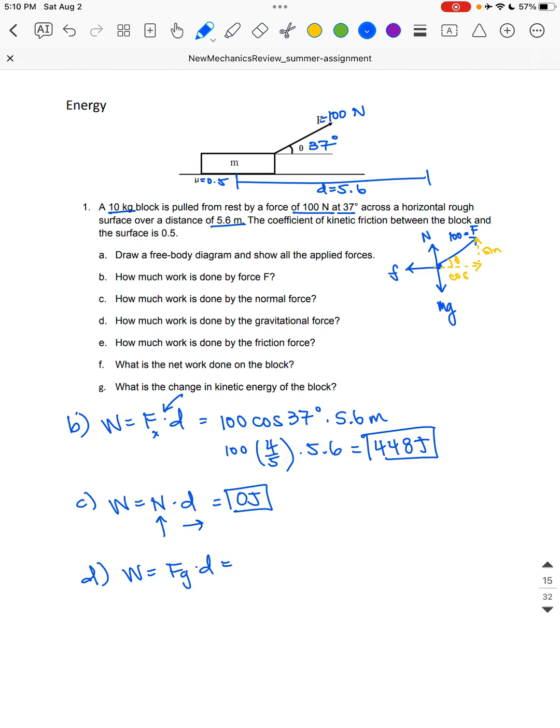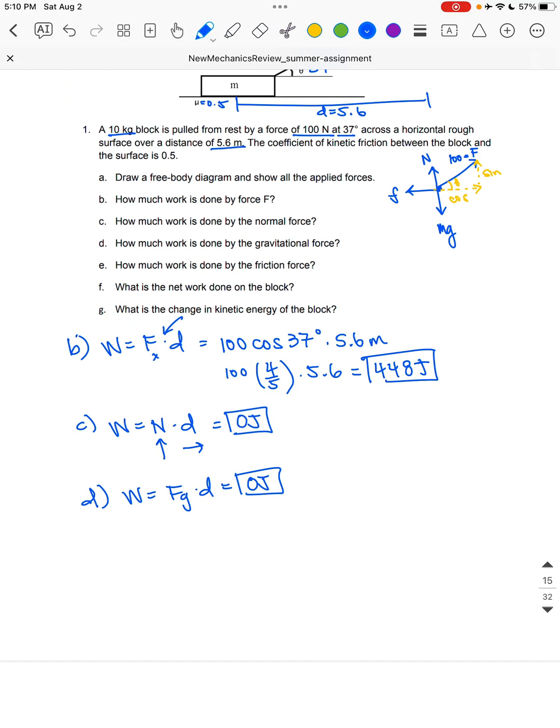There's no parallel component. They're perfectly perpendicular, so again 0 joules of work being done for the force of gravity. But when we go to part E, how much work is done by the frictional force, even though friction is pointing to the left, it's still parallel to the displacement, which is going to the right, so we're going to get a negative work done here.